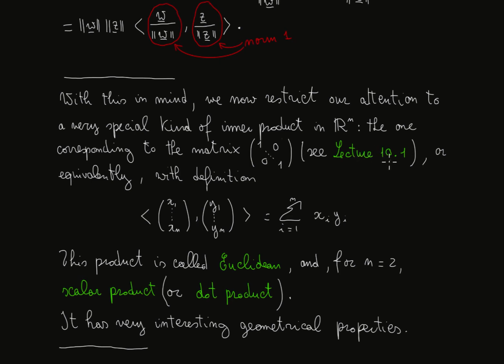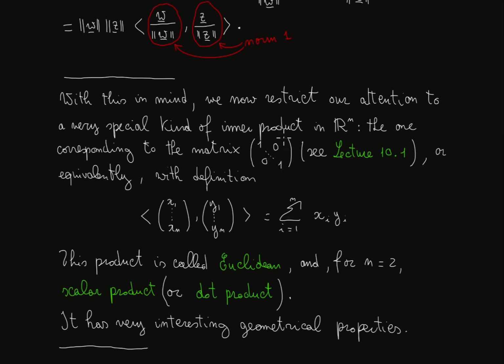See lecture 10.1. We have seen in this lecture that in Rn we can express inner products by means of a symmetric matrix. Vice versa, if we have a symmetric matrix, we have a uniquely defined inner product associated to it.